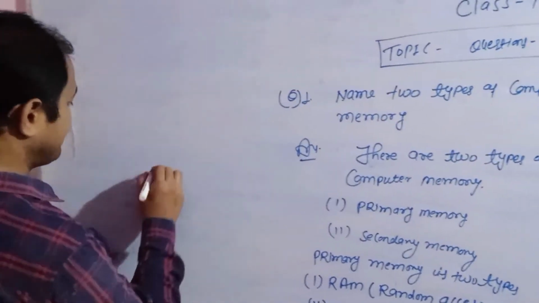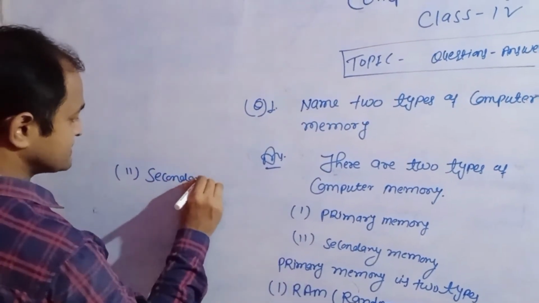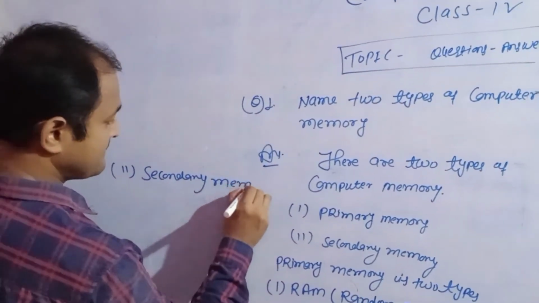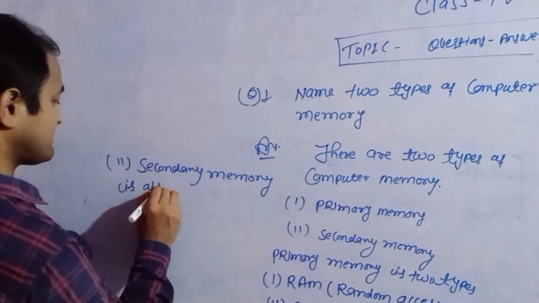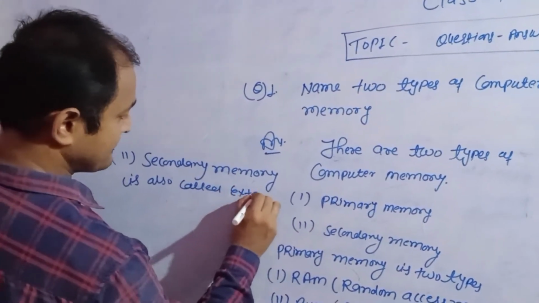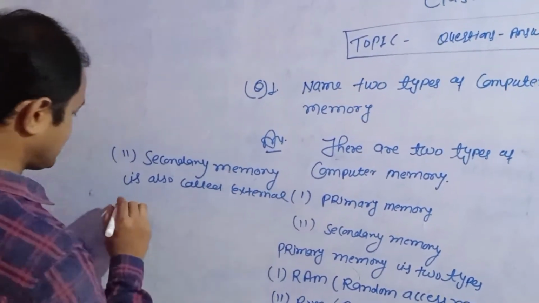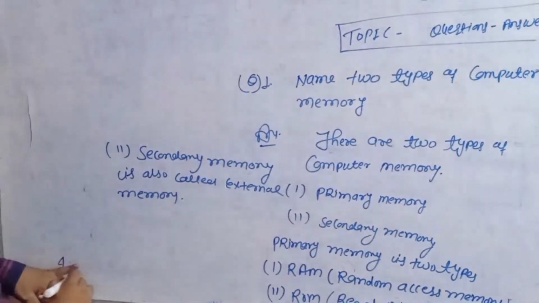Second, secondary memory. Secondary memory is also called external memory.